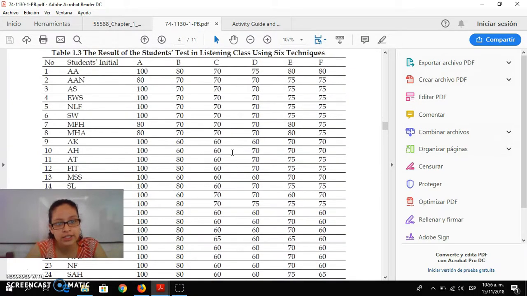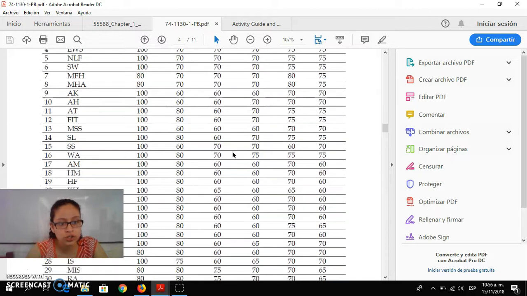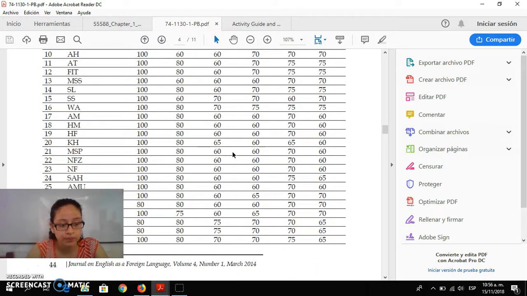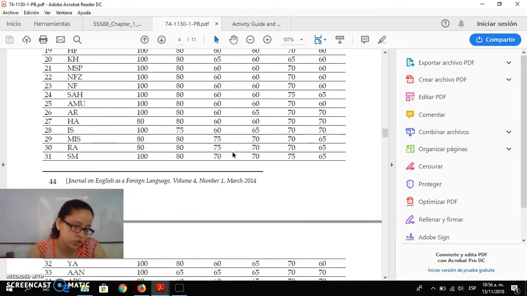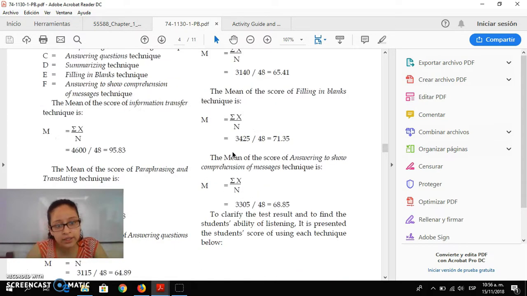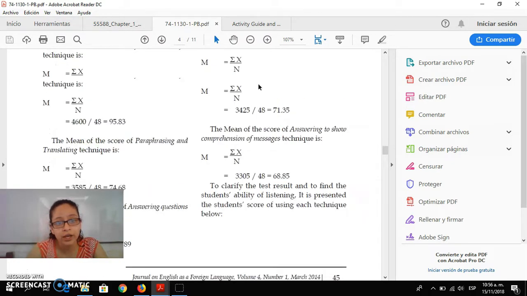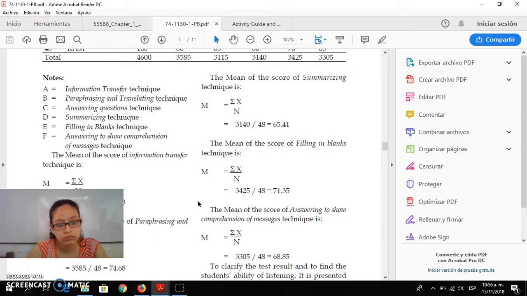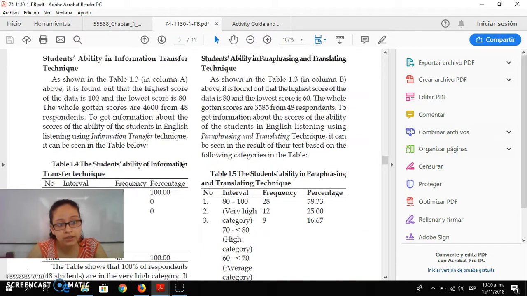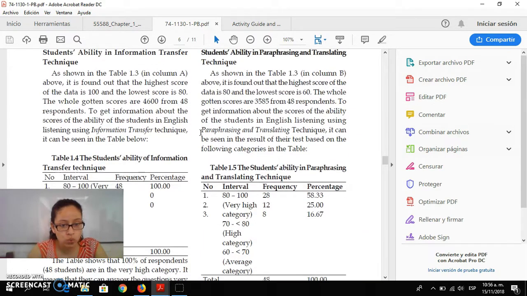First, we can find this chart with the students' scores for every single technique to determine if it's good or not. Then there is a property made for each technique, and finally the description for each one.